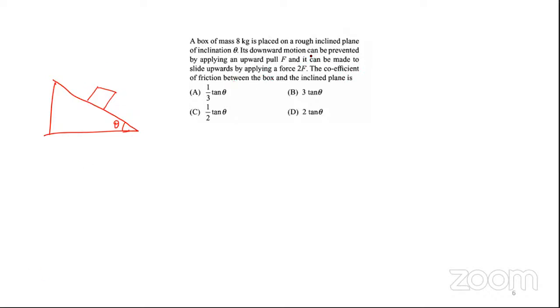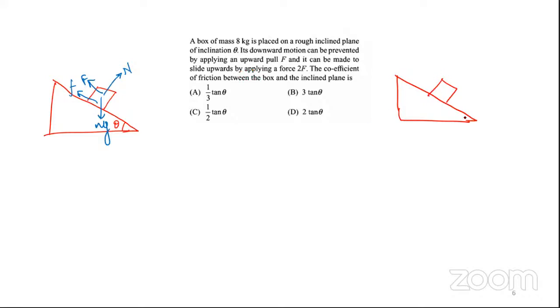If the downward motion is being prevented, then the friction is acting upwards. mg is acting downwards, the extra force is acting upwards, and a normal is over here. In the second situation, the box is to be made to slide upwards.